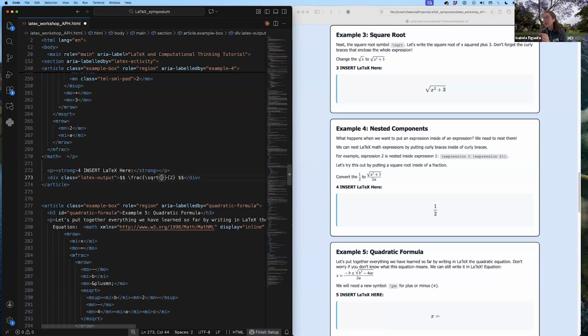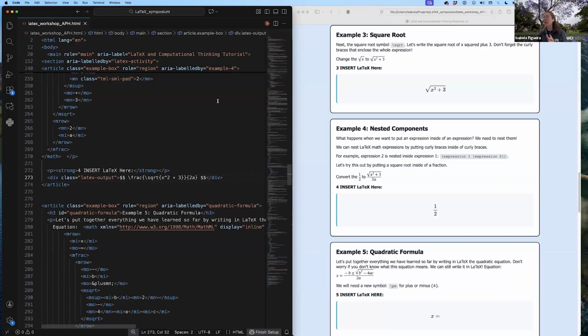Inside of this square root, I'm going to write x caret 2 plus 3. And then in the denominator where the 2 is, I'm going to delete the 2, and I'm going to write 2a. So the LaTeX expression currently reads backslash frac, left brace, backslash sqrt, left brace, x caret 2 plus 3, right brace, left brace, 2a, right brace.